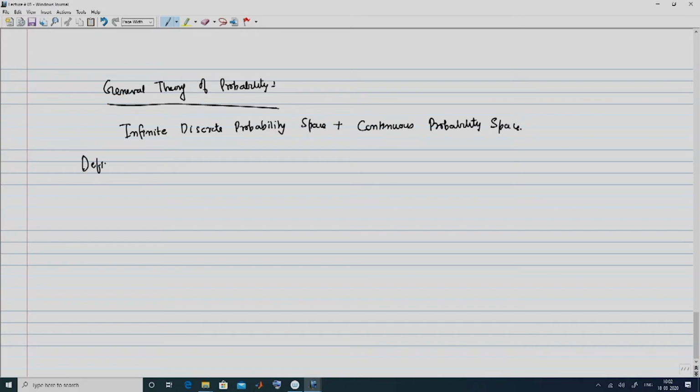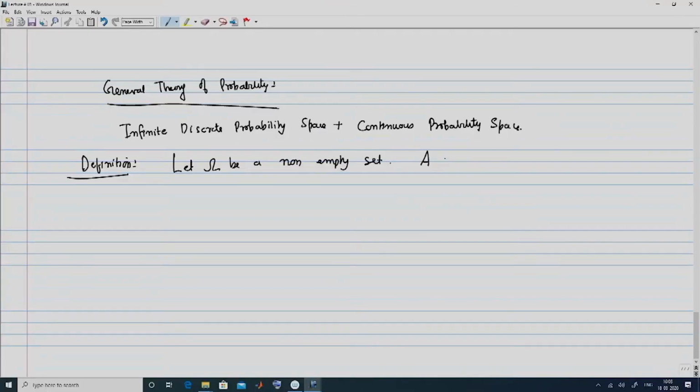So, we begin with a definition. As before, let omega be a non-empty set. Now, in the previous case we had only talked about a probability space in terms of the sample space omega and the probability measure p. However, we now need to have an additional term here, and accordingly we introduce what is known as the sigma algebra.